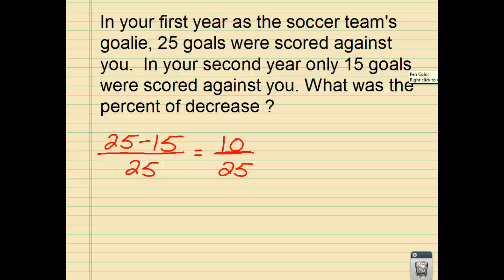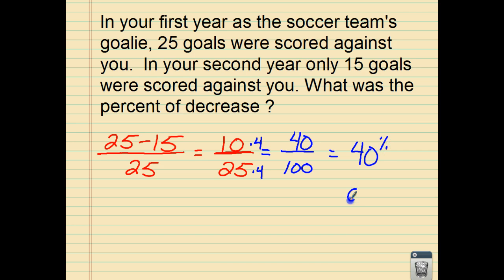And if I'm finding a percentage, we know that it was something per 100, some value of X per 100. And I know that to get from 25 to 100, I multiplied by 4. So I do the same thing to the numerator, and I end up with my answer of 40%.